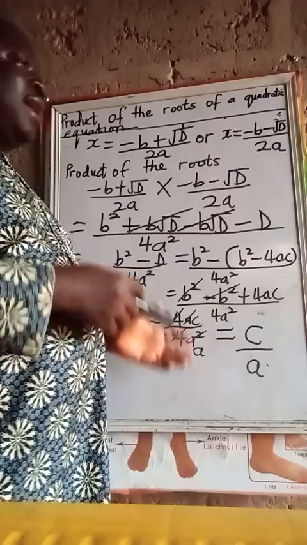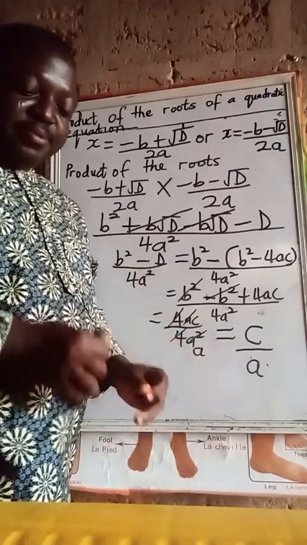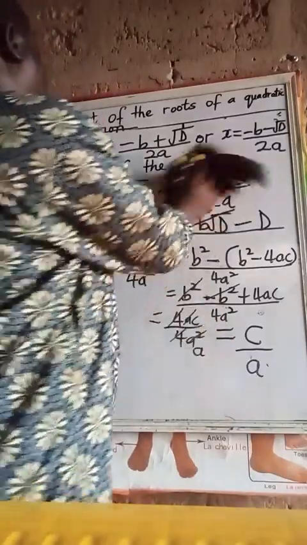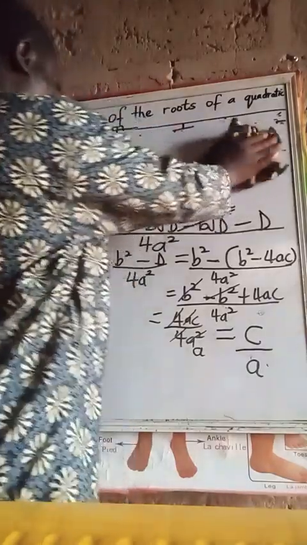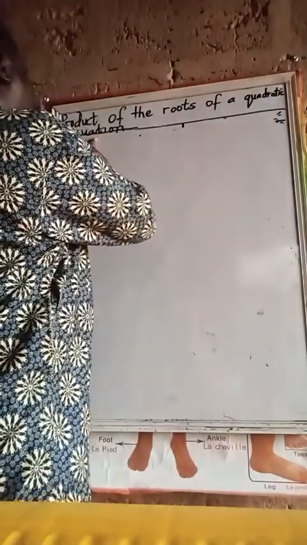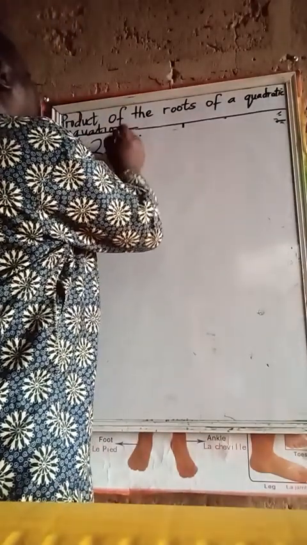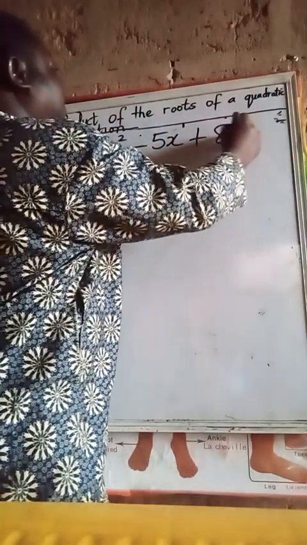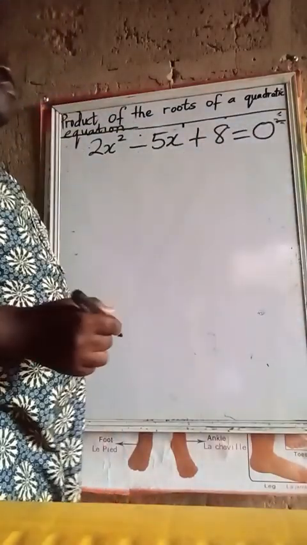So now, how can we apply this formula? Now, I want to write an equation so that we'll be able to apply the formula. Now, assuming we have this equation, 2x squared minus 5x plus 8 is equal to 0.